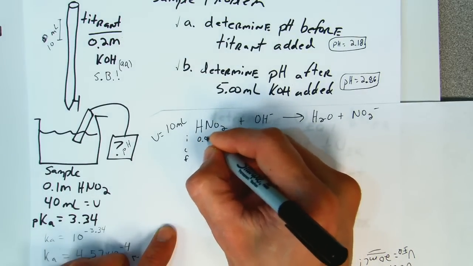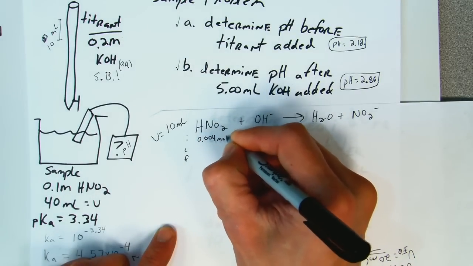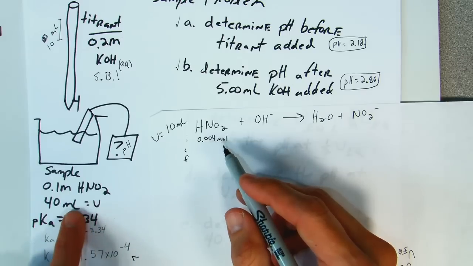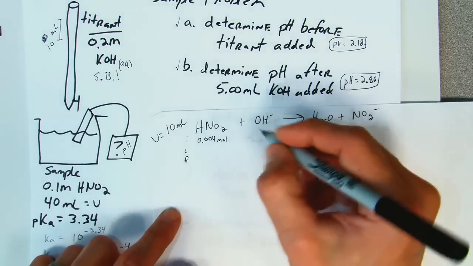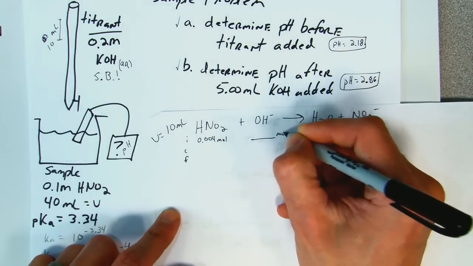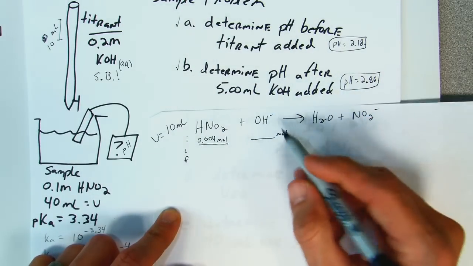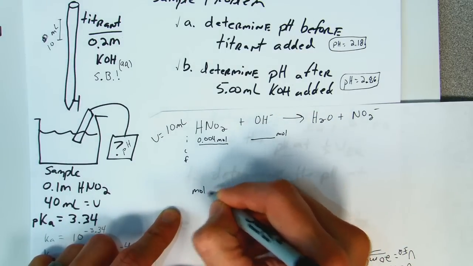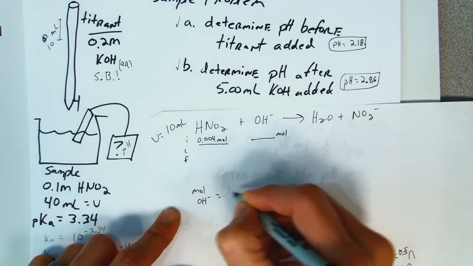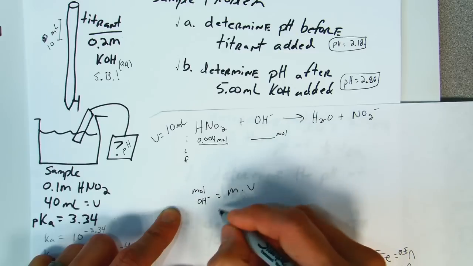Now we've been saying all along that we have 0.004 moles of this stuff, right? Which is governed by a concentration of volume multiplying by one another. Now at this halfway point, what I'm interested in knowing is how many moles of this I have, okay? So I'm going to do my calculation real fast. Mole of hydroxide is molarity times volume in liters.